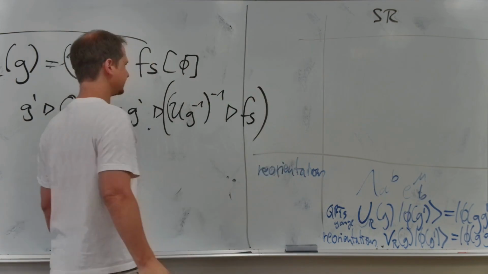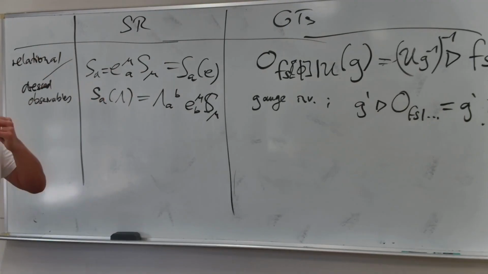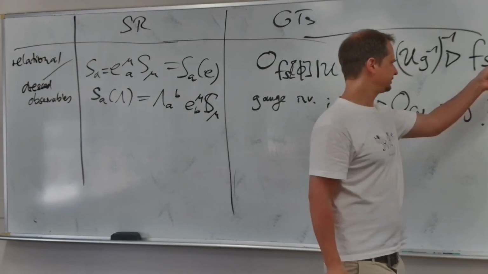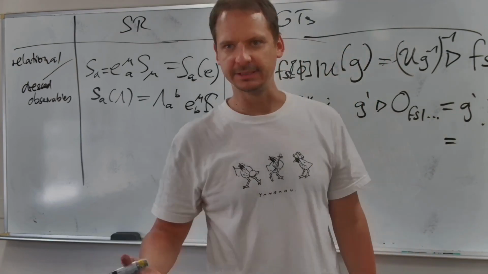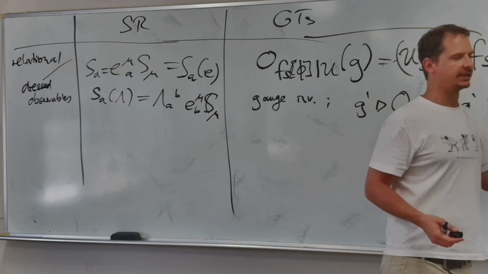I'm just going to drop all these phi's here. The thing is, it's a gauge transformation that acts on all the dynamical fields, so it will act both on U and on F_s.